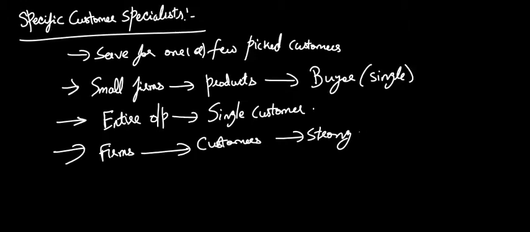So it's very risky to have a specific customer specialization, because you have to be on your toes in serving the consumer in the best possible way, so that the customers don't leave you at any point of time. The next type of consumer specialization is geographic specialists.